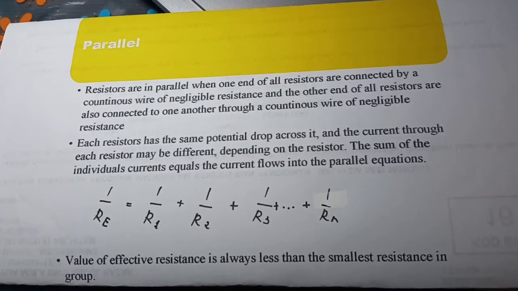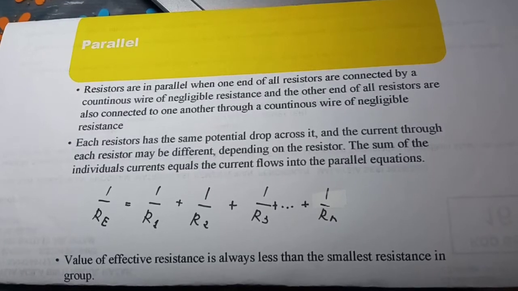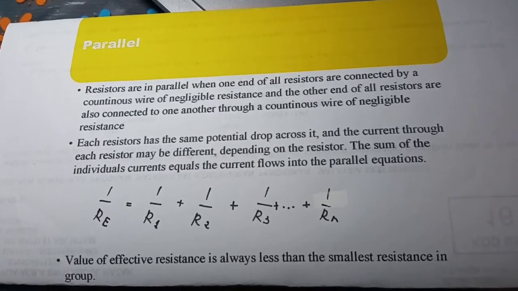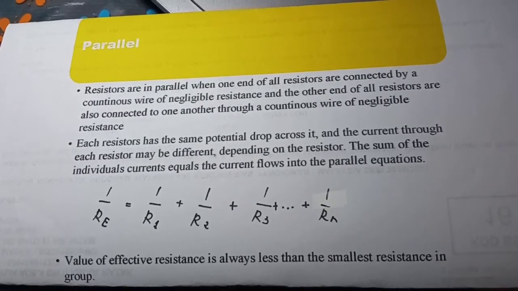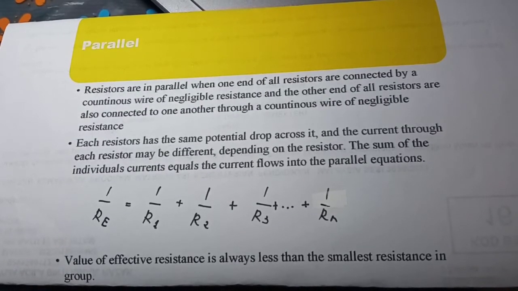Each resistor has the same potential drop across it, and the current through each resistor may be different depending on the resistor. The sum of the individual currents equals the current flowing into the parallel combination.